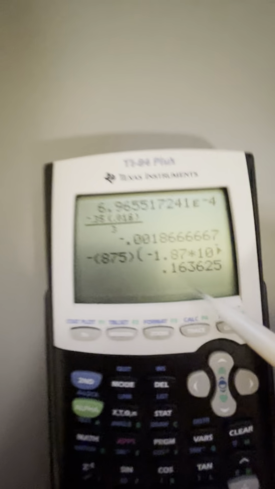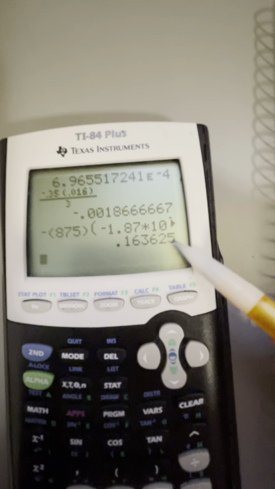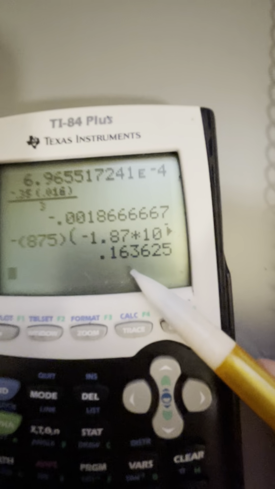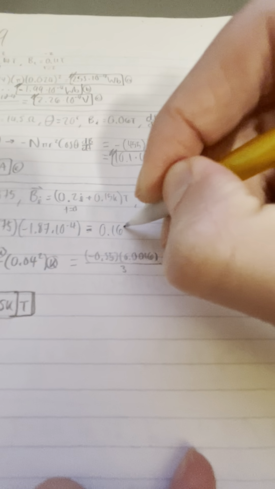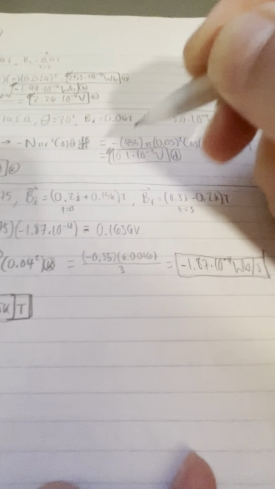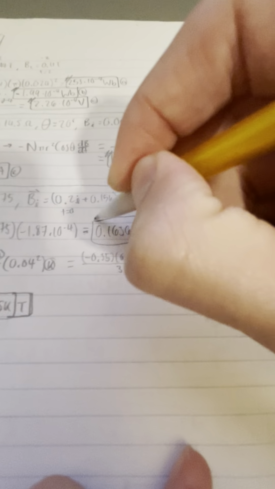Then we get 0.163625, so I'll do 4, 0.1636 volts, which is our final answer for part F.